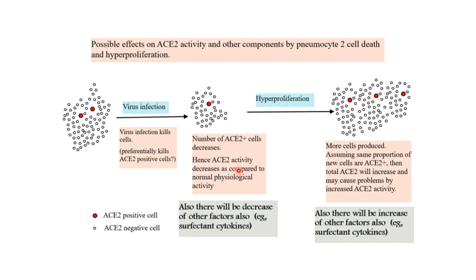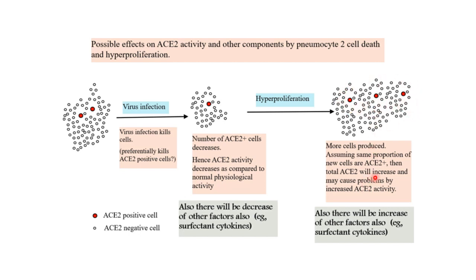So here ACE2 activity decreases as compared to normal physiological activity because the total number of cells is less, as well as the proportion of ACE2 positive cells being less. Here the total number of cells is increasing and ACE2 positive cells will increase also.